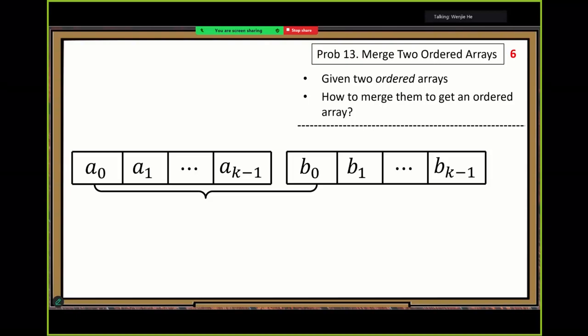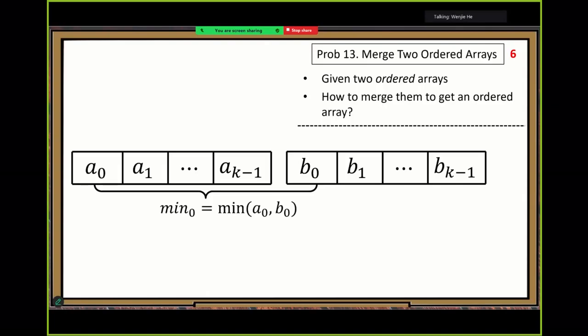So after one comparison, the smaller one must be the minimum of the whole array. You find the global minimum, then you just put it in place immediately, right?